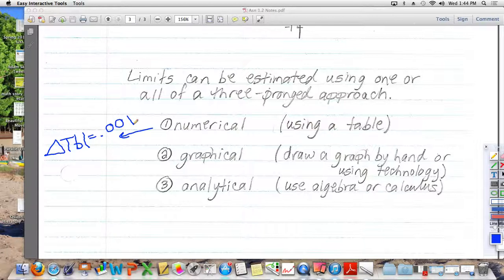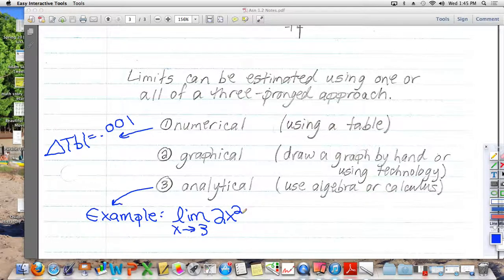So I'm going to give you one more example because a lot of the problems that you guys have to do today are going to require you to do what I'm going to show you right now. Let's say an example, and this would be an example that would go along with number 3, the third approach, using algebra to calculate a limit. Let's say that I ask you to calculate the limit as x approaches, I don't know, we'll say 3, of this function, 2x squared minus 4.